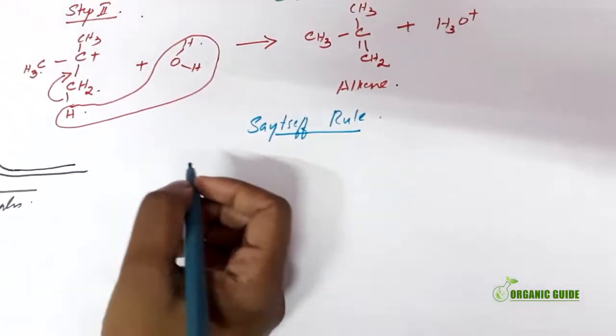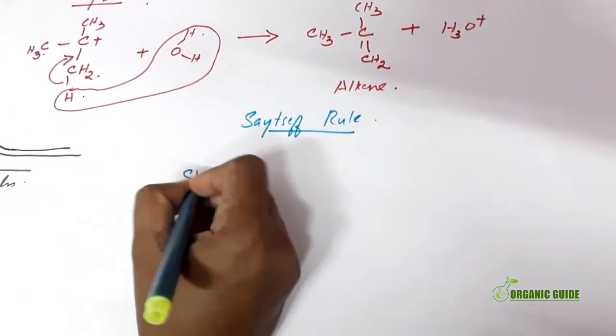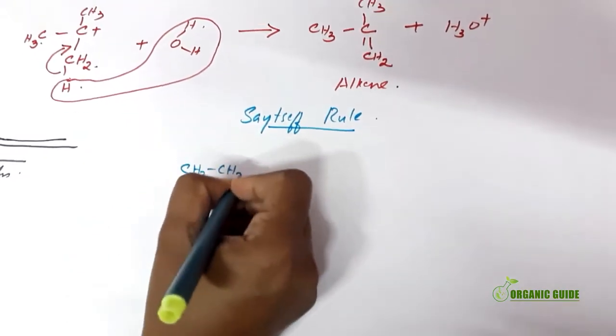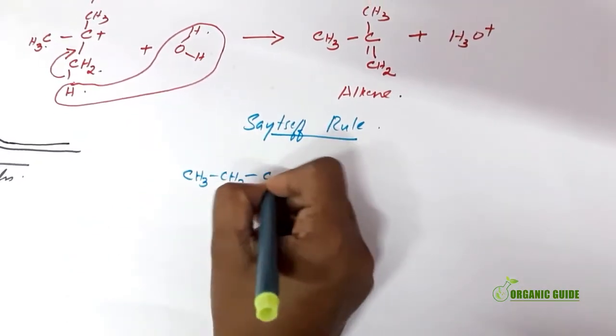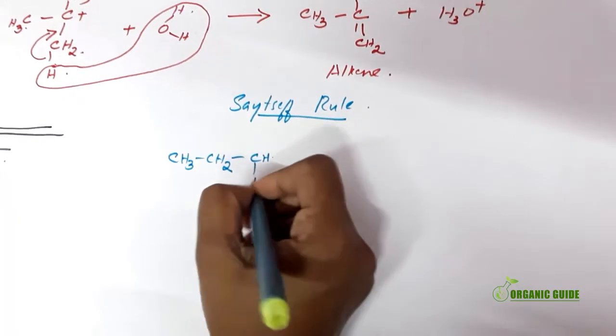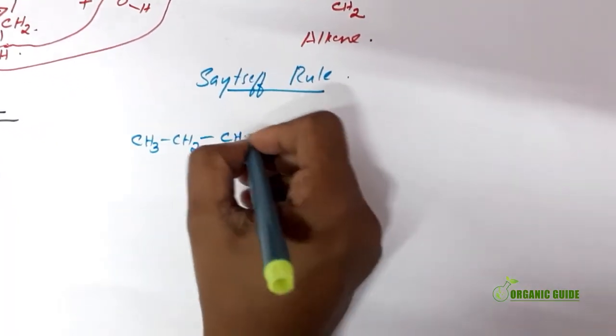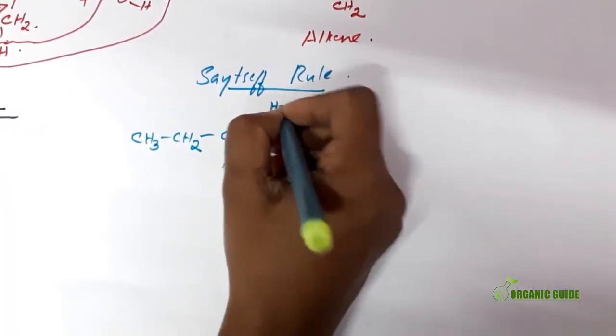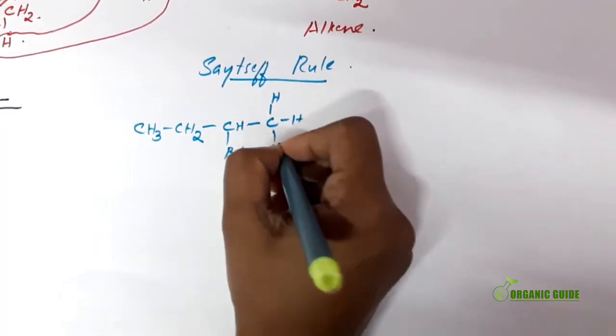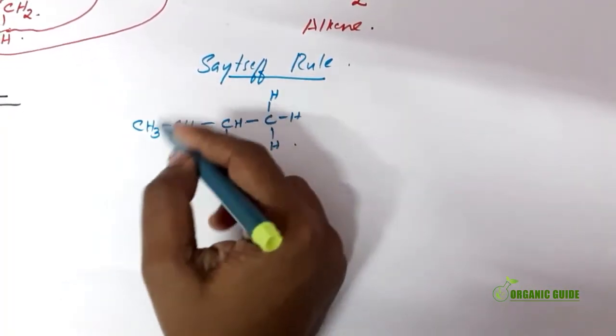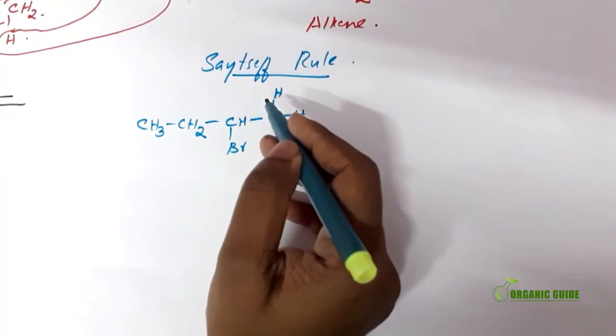We are taking an example, CH3CH2CHBrCH3. So this is our substrate or alkyl halide.